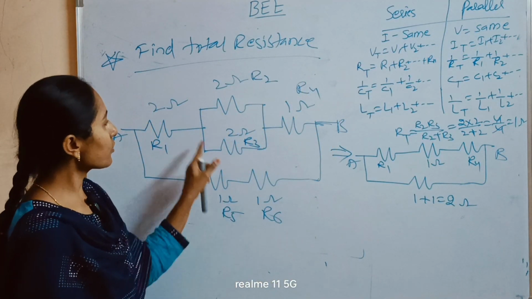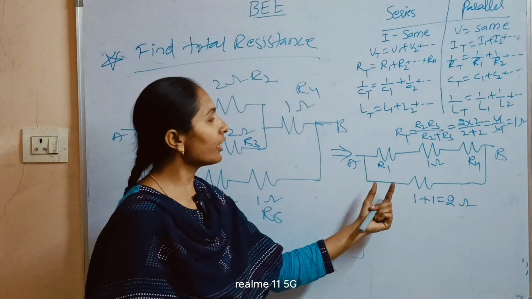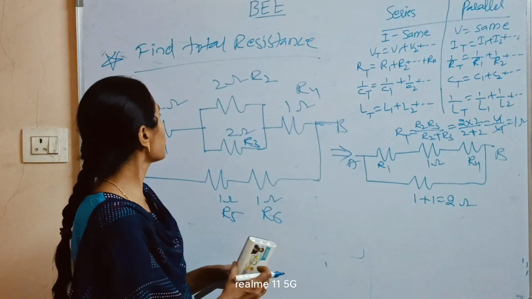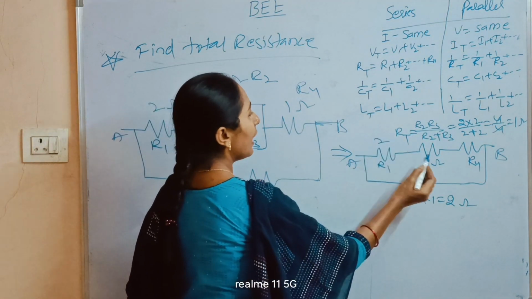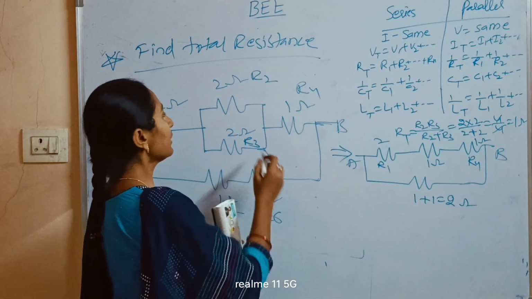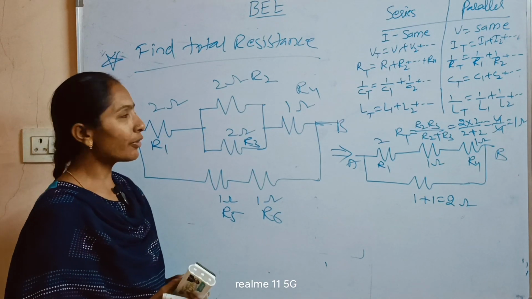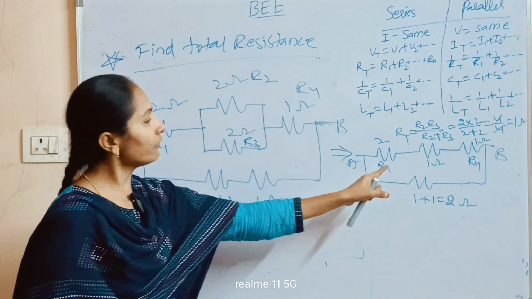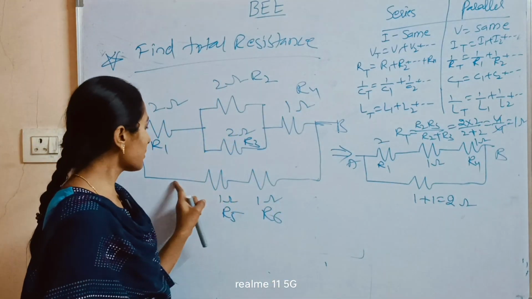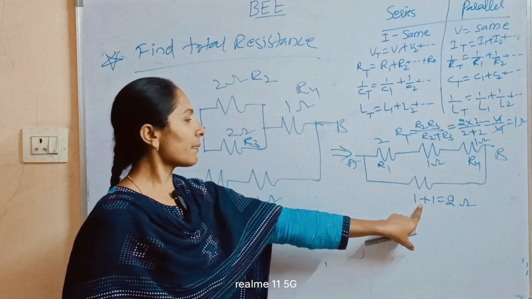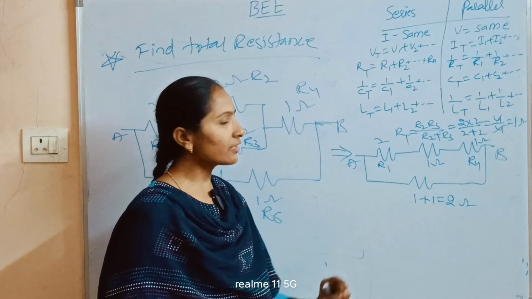Okay. Now this total circuit is redrawn like this. So here R1 is the same, R4 is also the same. This is 2 ohm and this is 1 ohm. This is 1 ohm. But these two are in parallel. So product of those two resistors by the sum of those two, then we'll get 1 ohm here. Now these 1 ohm and 1 ohm, these two are in series. So sum 1 plus 1, that is 2.